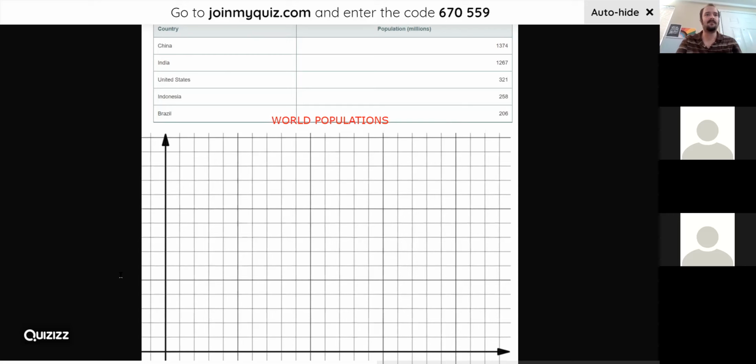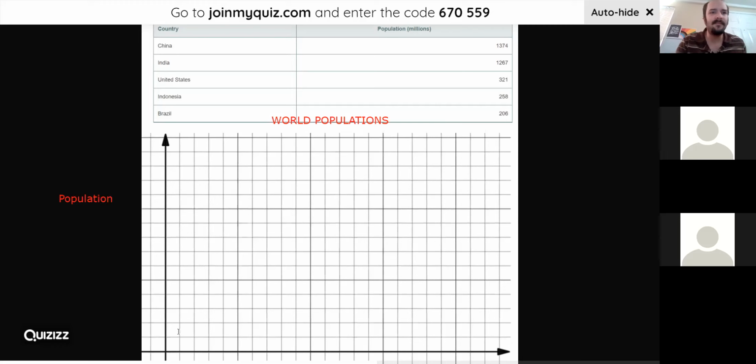So what am I writing on my y-axis? What variable should this be? Population, yeah, this should be population over here.